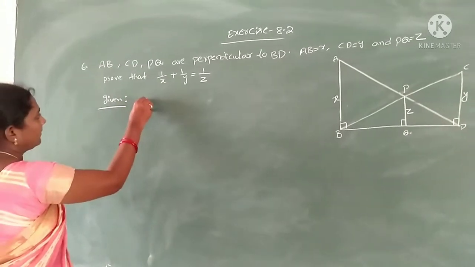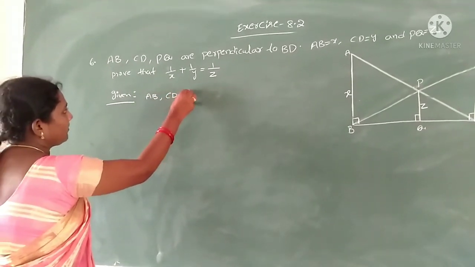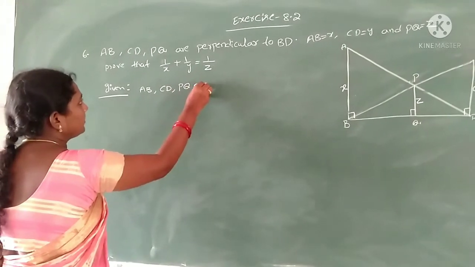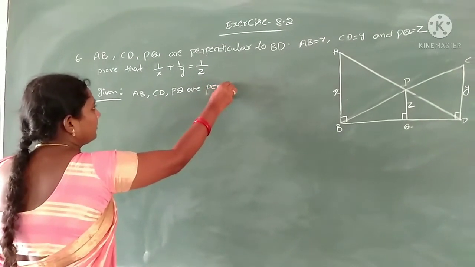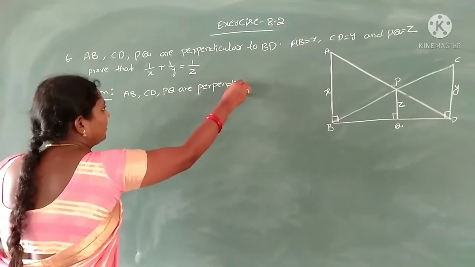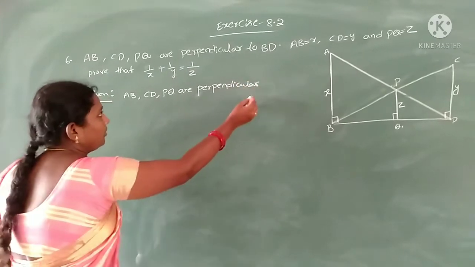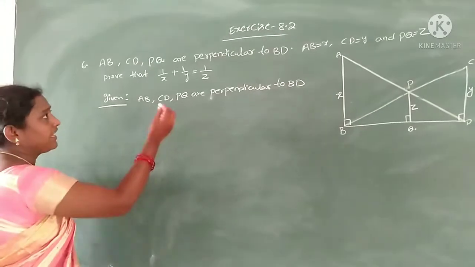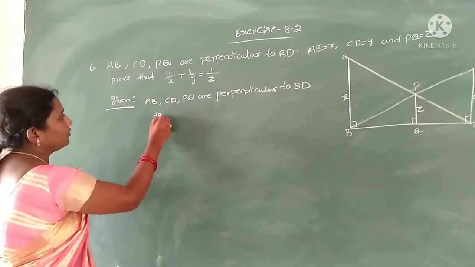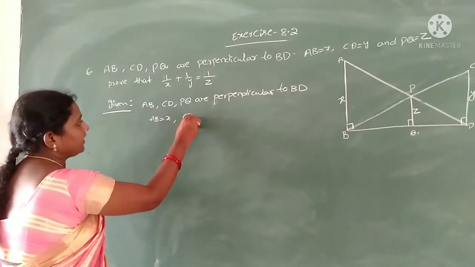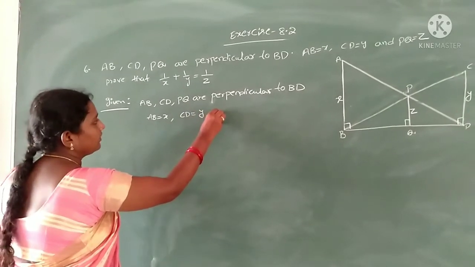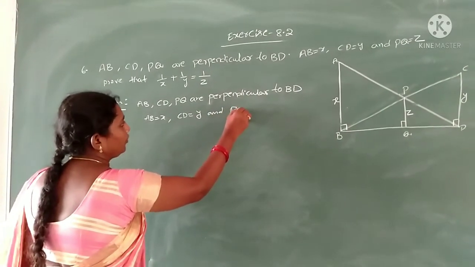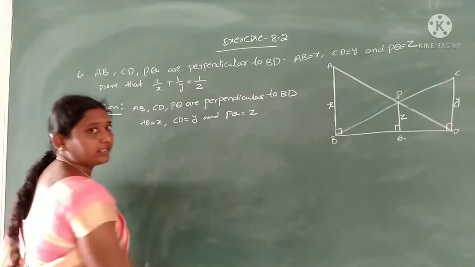AB, CD, PQ are perpendicular to BD, and AB equals x, CD equals y and PQ equals z.